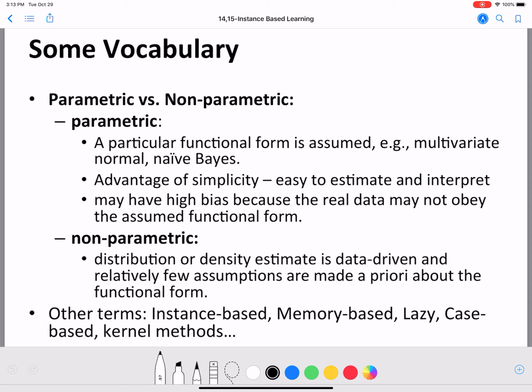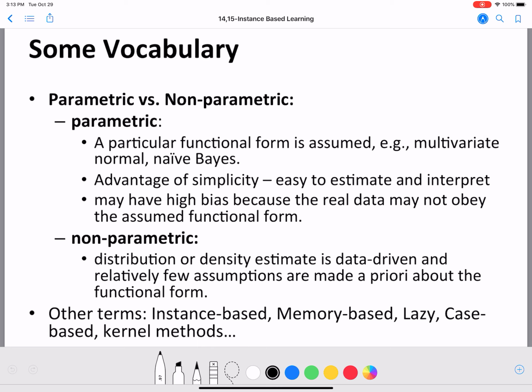There are also non-parametric models. Non-parametric models are data driven and there are relatively fewer assumptions made about the functional form, and we use data to make our classification. And the simplest model in this non-parametric section is called k-nearest neighbors.